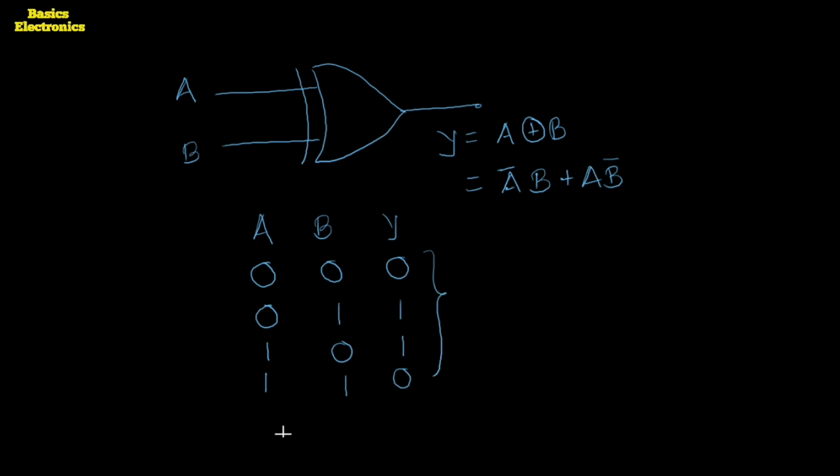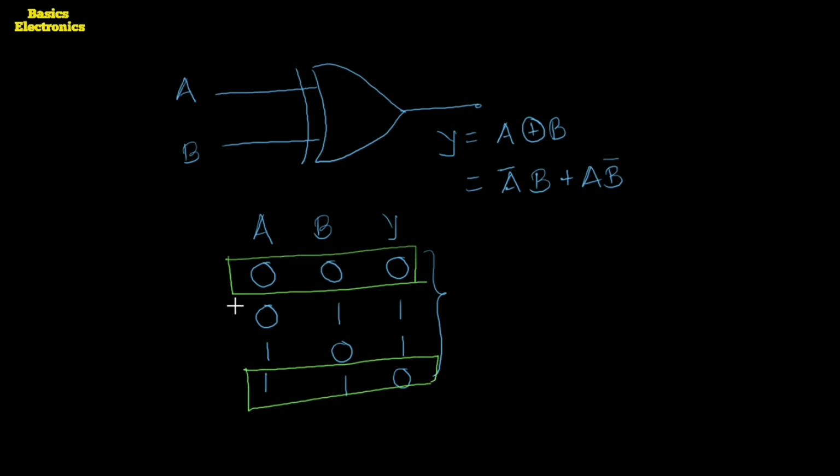So by using these four outputs, we can say the XOR gate produces a logically low output when equal inputs are applied, and a logically high output when different inputs are applied.